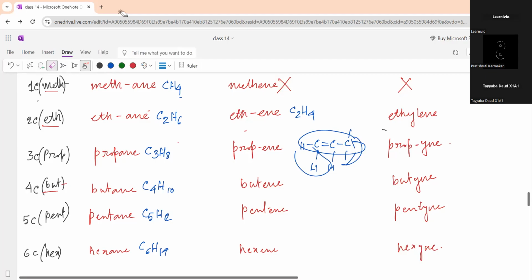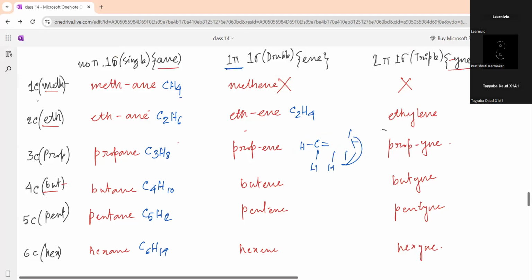So it will be C3H6. Then for butene, it will be C4H8.